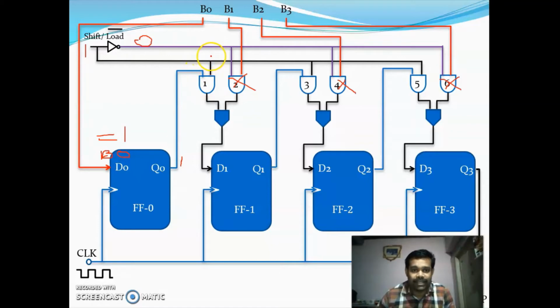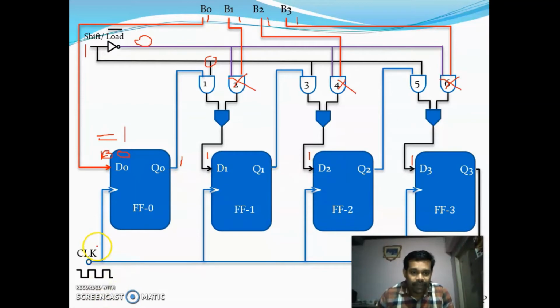Already one of the inputs of this AND gate is 1. So you take the data as 1, 1, 1, 1. When you are giving 0 to the control input, gates 1, 3 and 5 are disabled, and we got the inputs to the input of each flip-flop. So you are having these values at the inputs of the flip-flops.